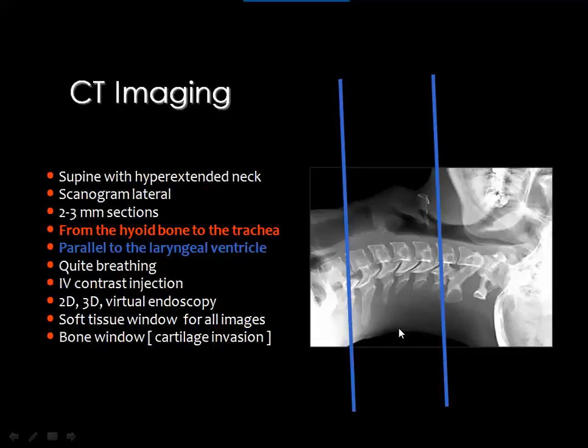We need to inject the contrast media in many times, and the reconstructed images in the sagittal and the coronal plane are valuable for the diagnosis, and sometimes we may use the bone window if there is a suspicion of bone pathology in the cervical spine or cartilage pathology in the laryngeal cartilages.